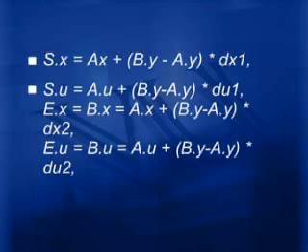Similarly e.x और e.u जो हैं वो हम इस तरह से कैलकुलेट करेंगे. e.x is equal to b.x, which is given as a.x plus (b.y minus a.y) multiplied by dx2, and similarly e.u is equal to b.u, and this is given as a.u plus (b.y minus a.y) times du2.